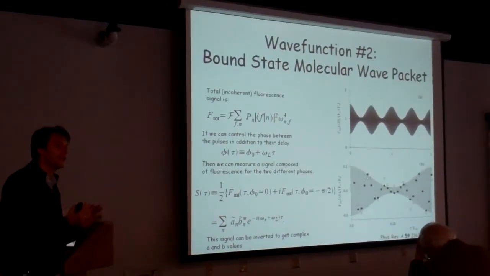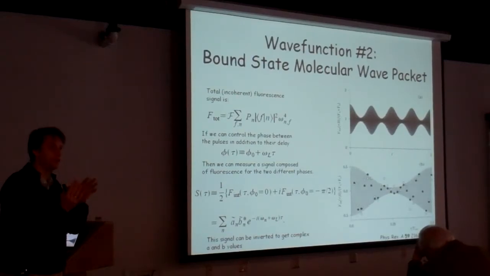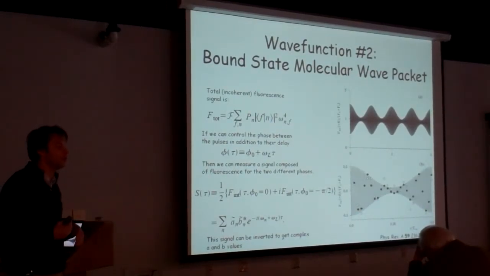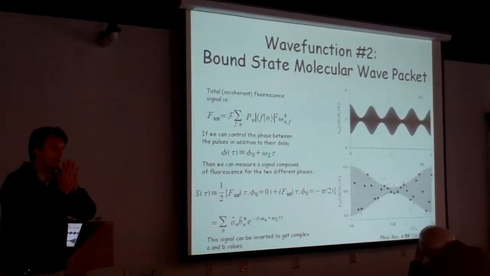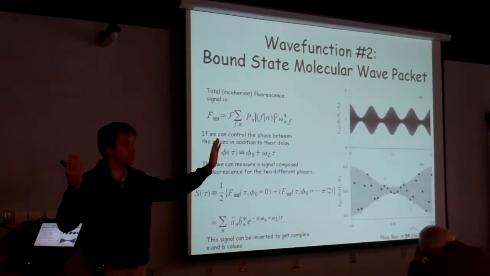Okay, so the idea is that if you want to make high-resolution spectroscopy in a region of the spectrum where it's difficult to have a spectrometer, then you can use a Michelson interferometer to measure the absorption or fluorescence, or some signal, as a function of the delay between two pulses. And if you do that for a very, very large range of delays between the two pulses, then you can achieve a very high spectral resolution just by looking at the absorption or fluorescence as a function of time delay between these two excitation pulses.